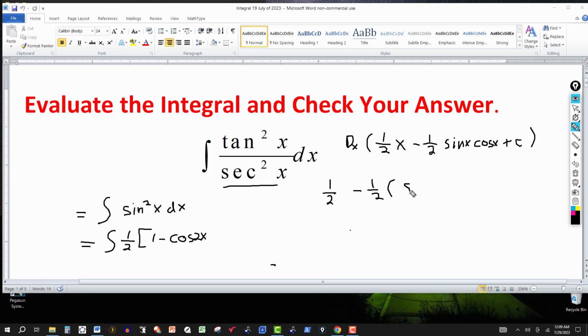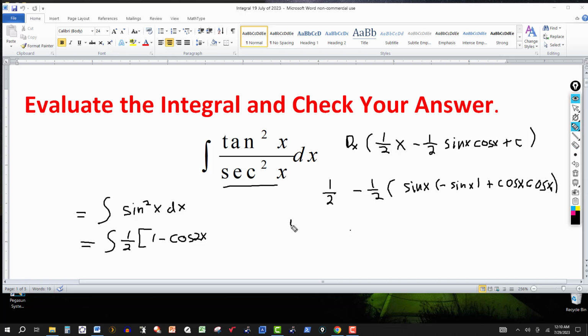So it's sine of x times the derivative of cosine, which is minus sine. And then it's a plus here, then it's the cosine times the derivative of sine, which is cosine. And of course the derivative of a constant c is 0, so I'll just leave that out. We get this here, and then we just need to simplify this.